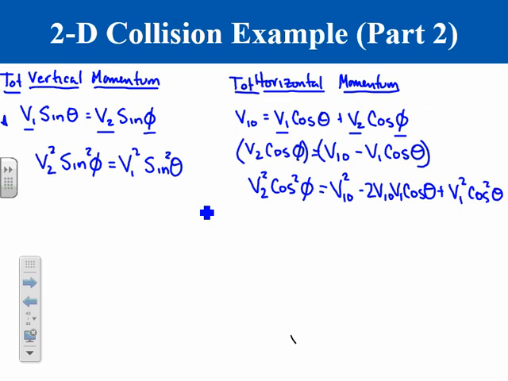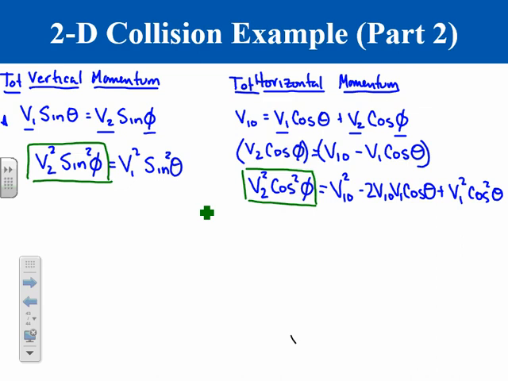And while it looks like I just made a gigantic mess out of these two equations, I actually did something really slick here. And the slick thing that I did was that I now have a sine squared for this psi term and a cosine squared for this psi term.